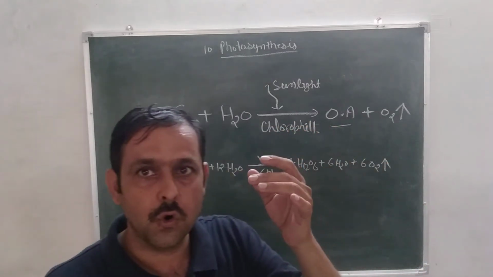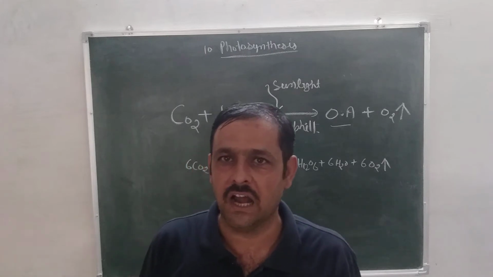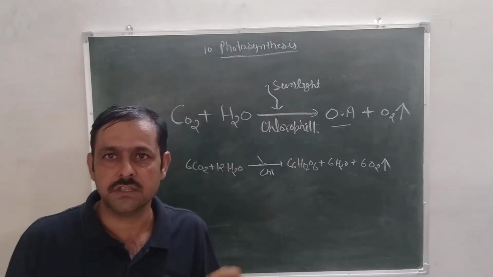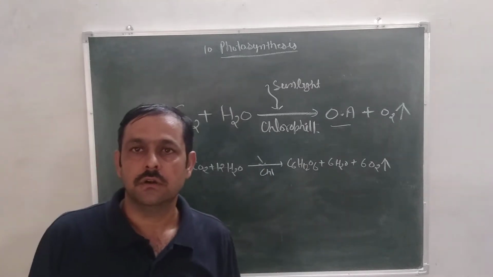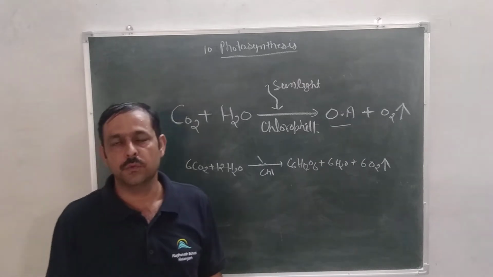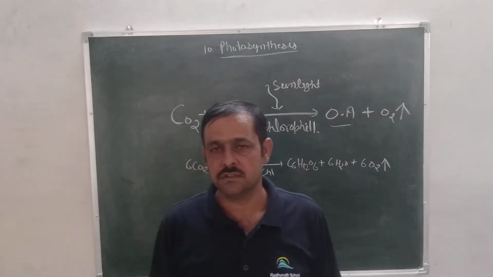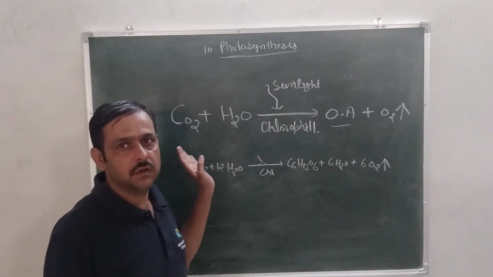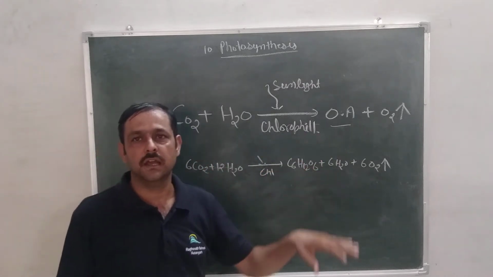So what can absorb the sunlight? Chlorophyll can absorb the sunlight, and the sunlight is converted into chemical energy. One definition of photosynthesis is that physical energy or sun energy is converted into chemical energy.